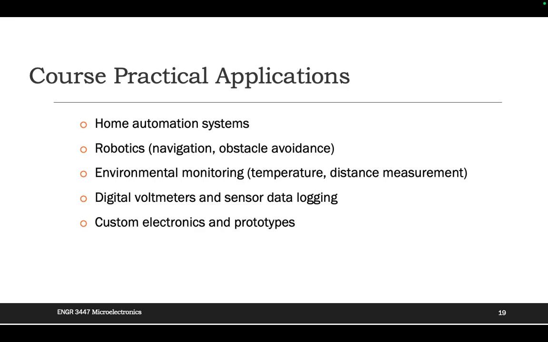You can also do environment monitoring, like temperature and distance measurement, and also digital voltmeters, sensor data logging, customer electronics and photo taps. You should do those kinds of tasks after this class. That makes sense to you?